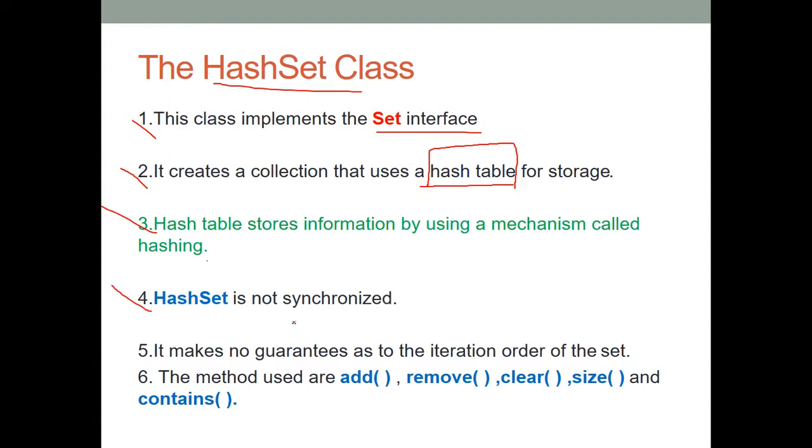HashSet is not synchronized. I already told you about synchronization in the previous video, so first watch the previous video, then come to this one. Synchronized means that only one thread can access your object at a time. Not synchronized means that your object can be accessed by multiple threads at a time. It makes no guarantee as to the iteration order of the set.